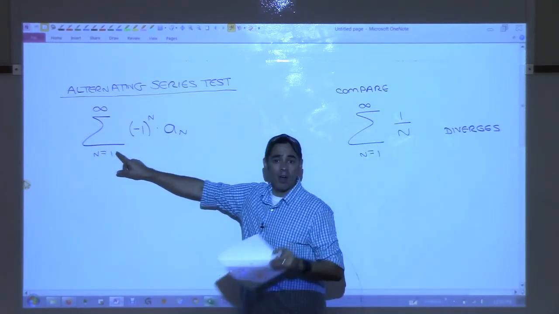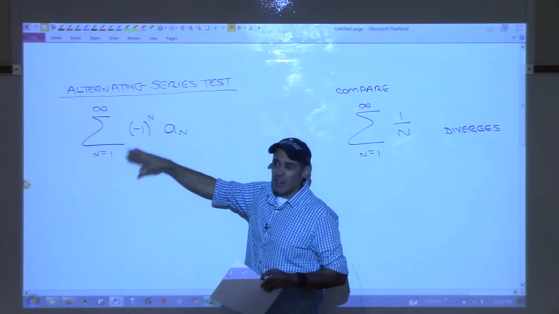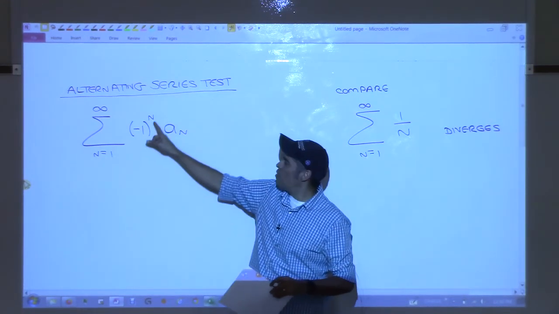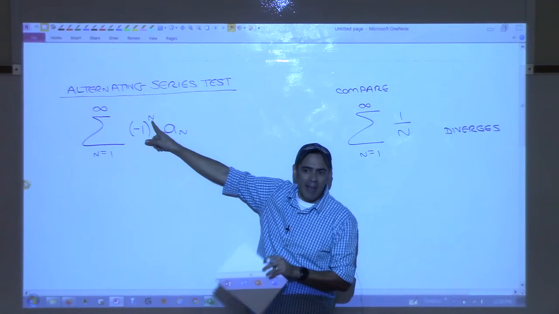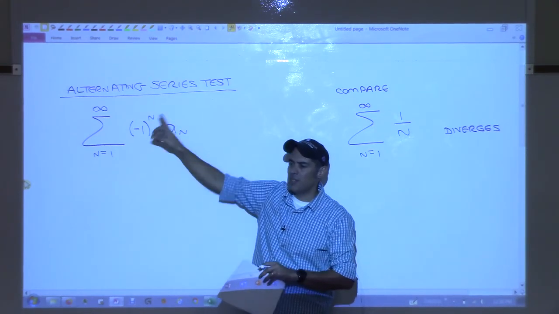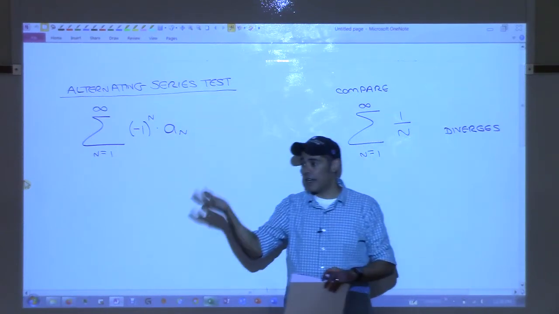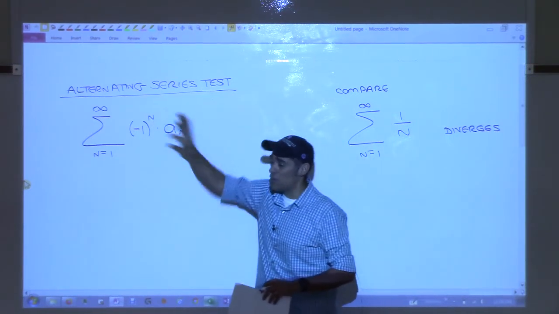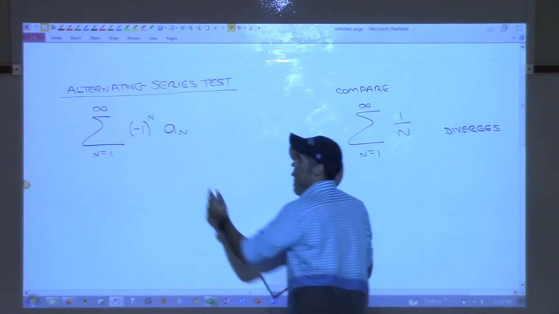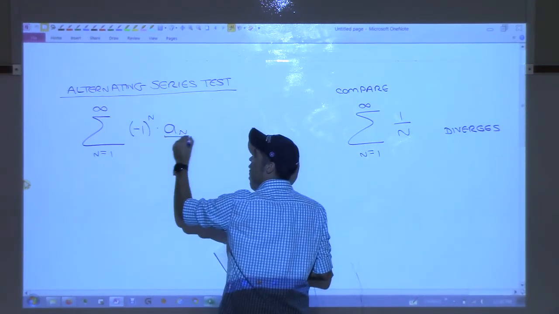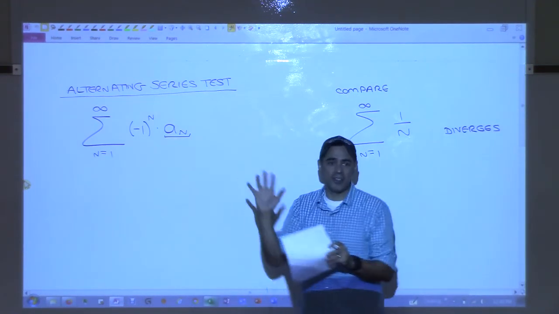We know that when it comes to alternating, we can either start negative or positive. Don't pay too much attention to this being n or n plus 1. It's just as long as it alternates, starts either positive then negative, or negative, positive. Doesn't matter, as long as it's flipping. And this is the part that changes sign. This right here never changes signs.